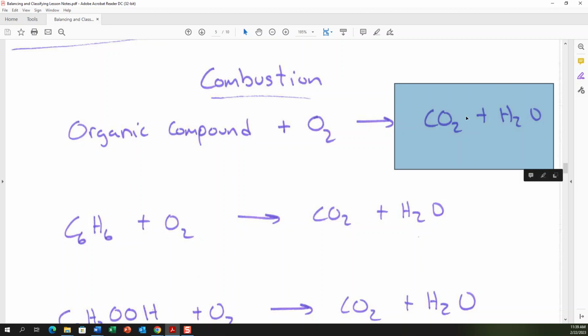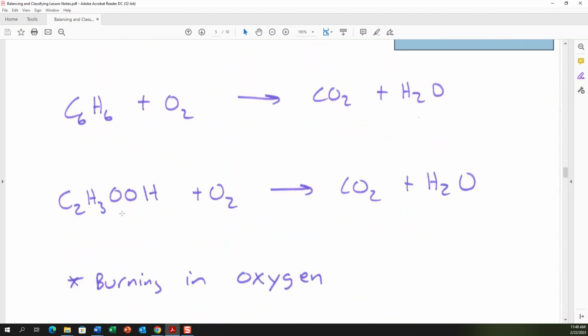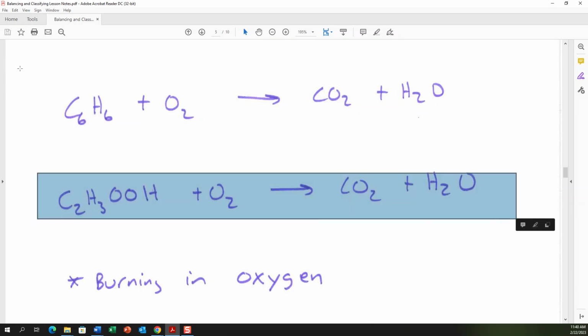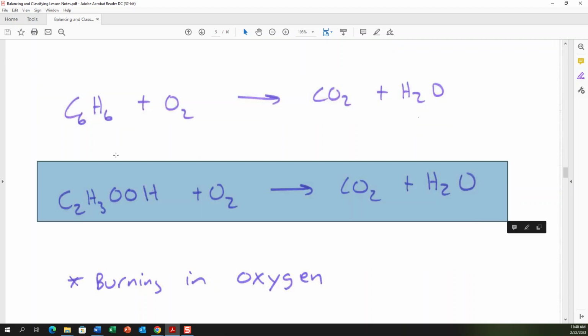So if these are your products, most likely combustion. And again, you're looking for organic compound plus oxygen yields CO2 and H2O. So here we have benzene plus oxygen yields CO2 and H2O. That's a combustion reaction. Here we have ethanoic acid plus oxygen yields CO2 and H2O. We would still call this combustion, right? So combustion of a hydrocarbon, combustion of an organic acid, but still organic compound plus oxygen, you're thinking combustion, and it's always going to produce CO2 and H2O.